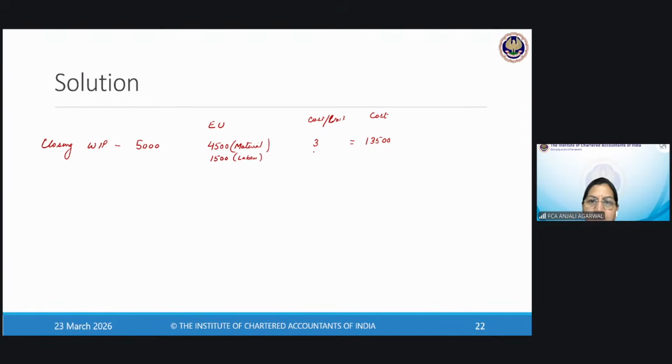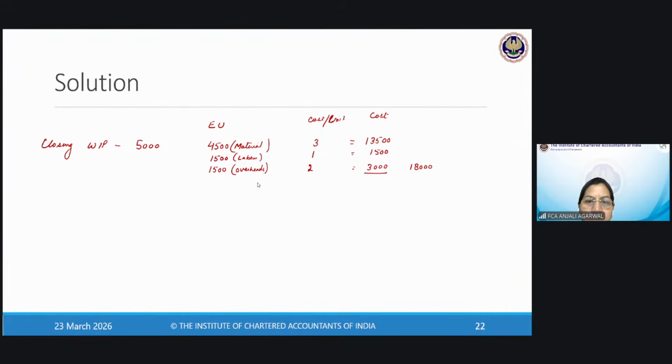Cost per unit of labor was 1 rupee per unit. It is again 1,500 units, 30% complete as far as overheads are concerned. And the cost of overhead is 2 rupee per unit. So the value of closing WIP is 13,500 plus 1,500, 15 plus 3, 18,000.